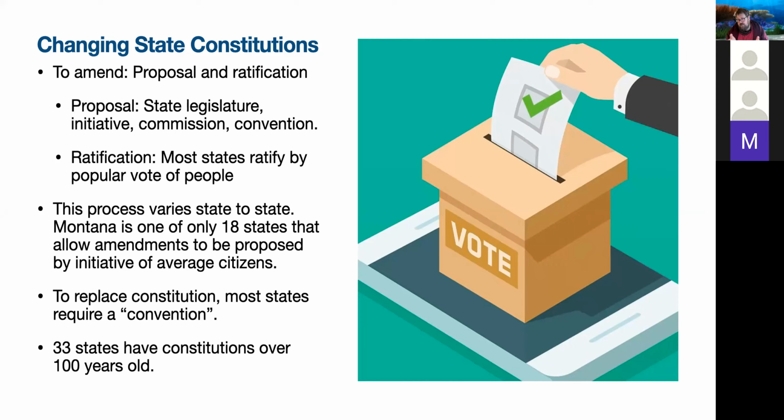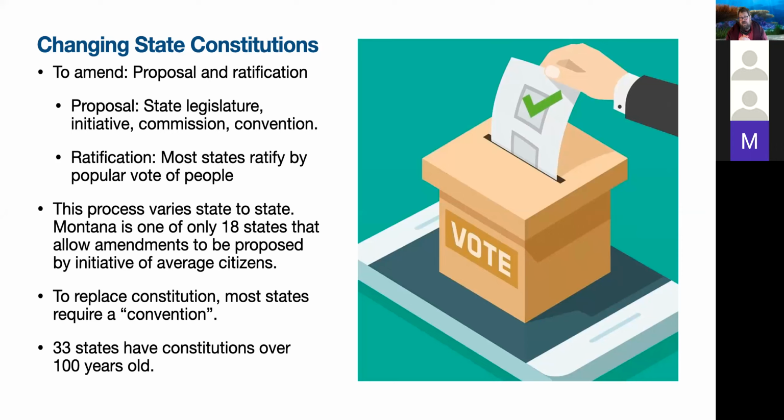To fully replace a constitution, most states require a convention model where basically delegates are impaneled and they can, kind of like in 1789 with the US Constitution, say, oh, we're going to make broad amendments, or we're scrapping this, like they did with the Articles of Confederation. Get rid of it, write something totally new.